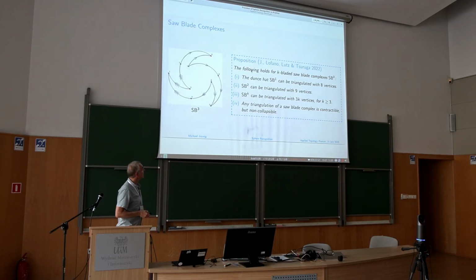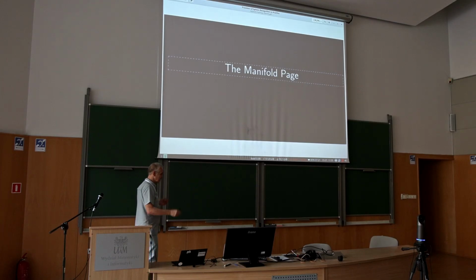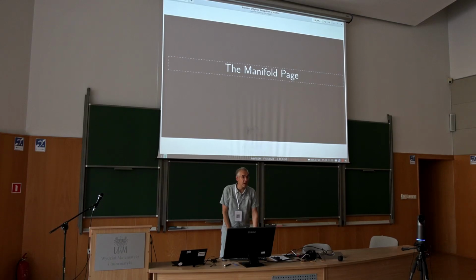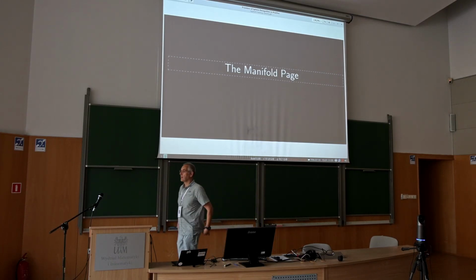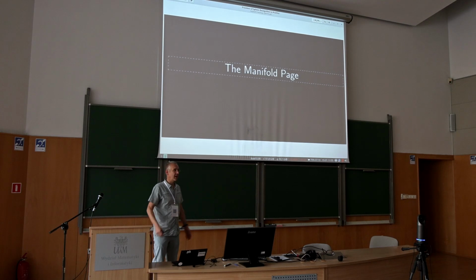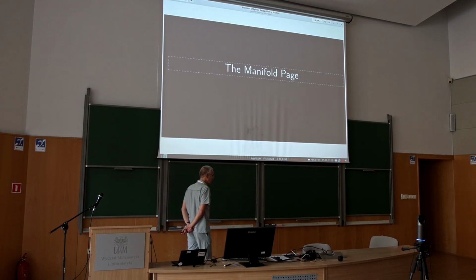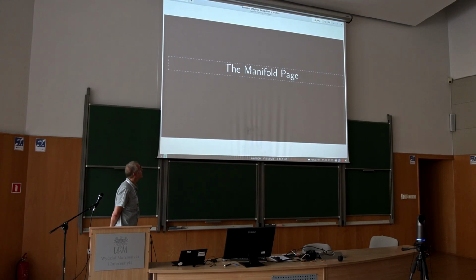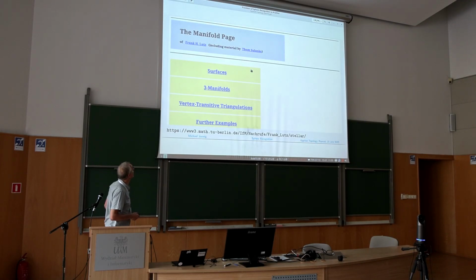All right. So from all of this you see that Frank was a person much interested in computational experiments in topology. Over the years he came up with many interesting constructions, and he saw many interesting complexes. At some point he started to collect these. This is his manifold page, which still exists and is still kept by our institute.